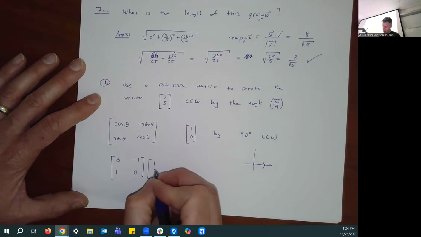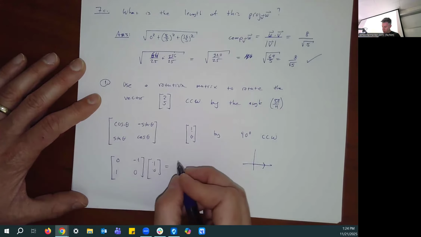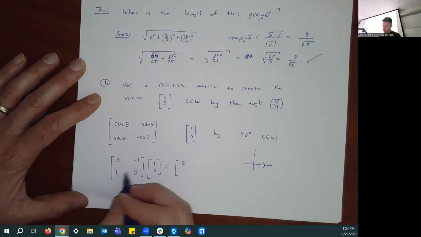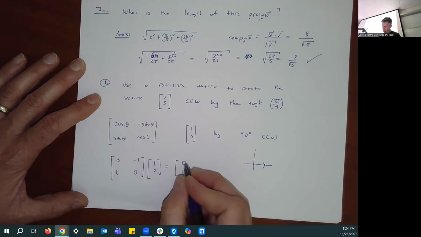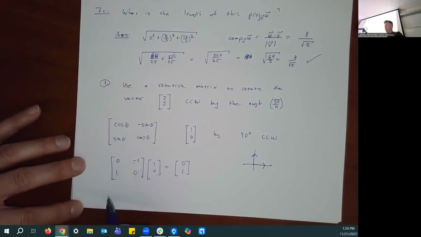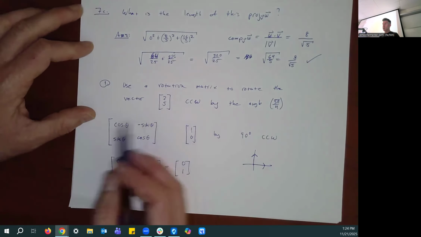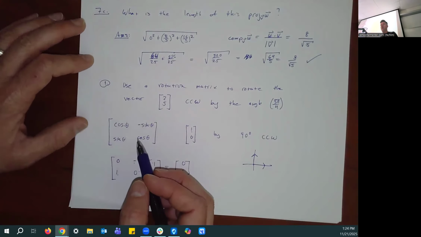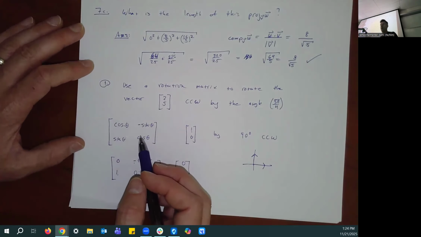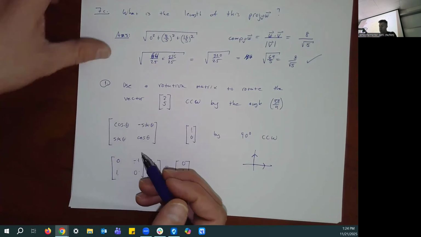I get 0 times 1 plus negative 1 times 0. Cool. I get 1 times 1 plus 0 times 1. Also cool. That's exactly what I wanted. So the negative should go there, not there, because if the negative had been there, my vector would have rotated the other way. So this is the matrix you multiply a vector in 2 dimensions by to rotate it counterclockwise by whatever angle you want.